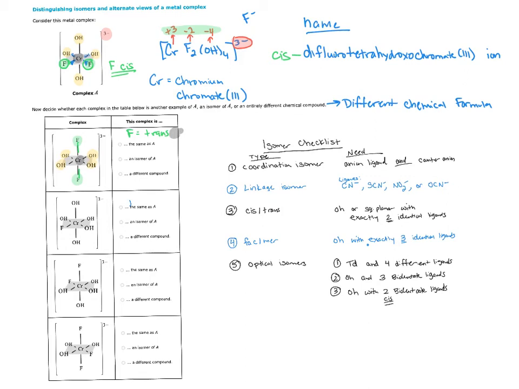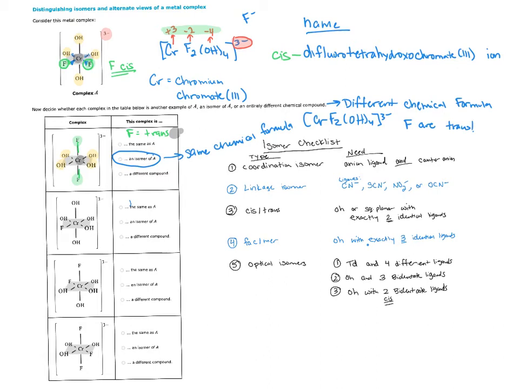That makes this an isomer of A. Same chemical formula, right? We'd have our CrF2OH4, 3 minus, but in this case, the fluoros are trans.